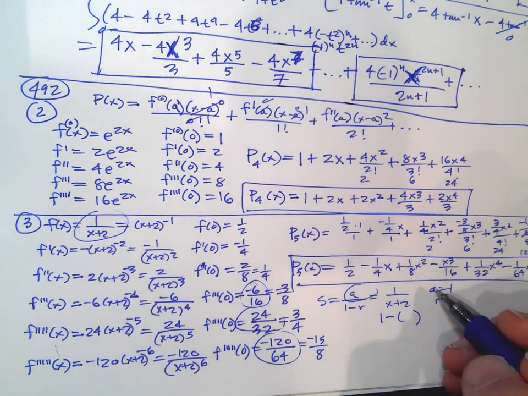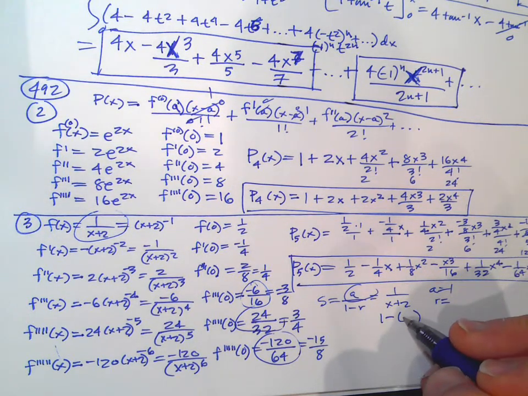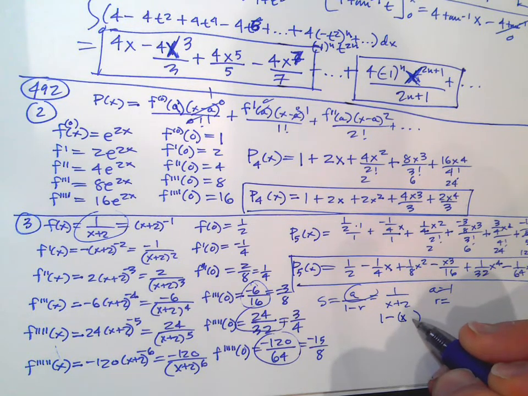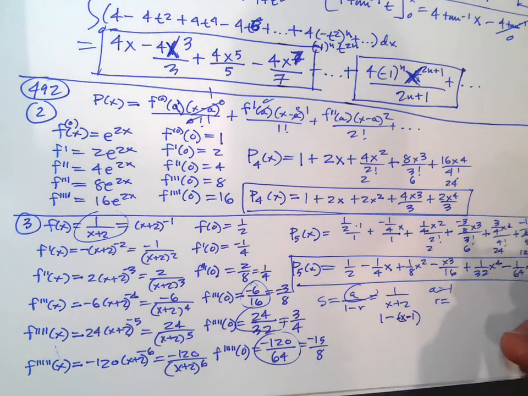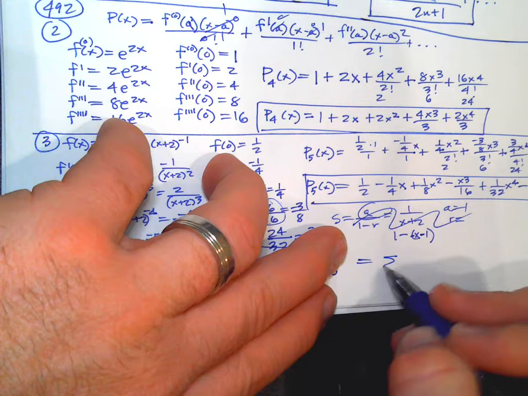I don't know if this is going to work. This was 2, it would be x, negative x minus 1. And maybe that's not going to work. Yeah, I guess not.